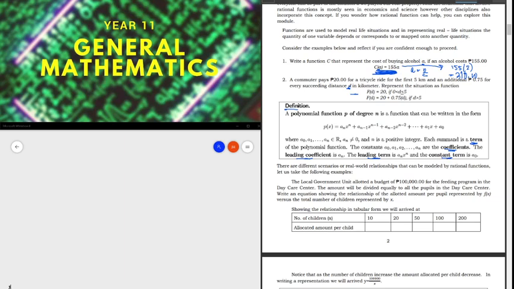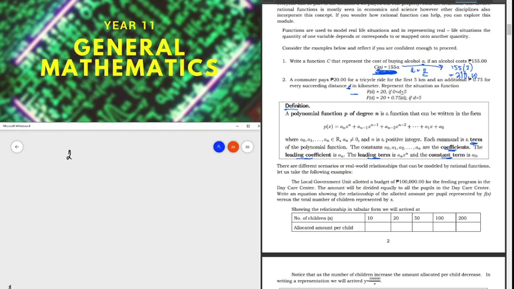For example, you have 2x squared plus 3x minus 3. How many terms do we have in this polynomial function? The number of terms is 3. Why? Because this is the first one, this is the second one, and this is the third one. So we have 3 terms.